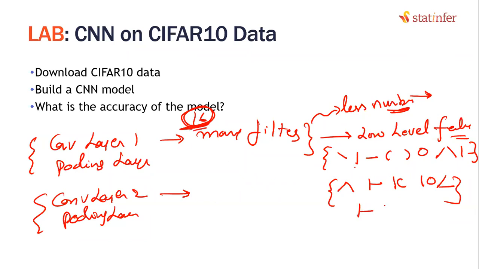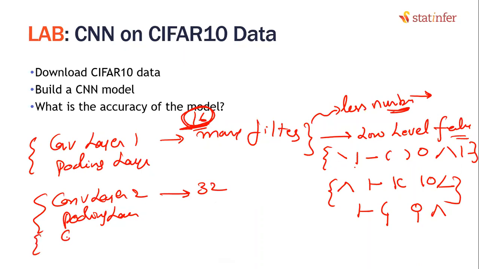Higher, don't you think? The combinations will be more than the previous ones. Shall I give 8 here, or 32? Double or half? It should be double the previous one, because the combinations can be much more. So mid level features are 32, a combination of low level features.